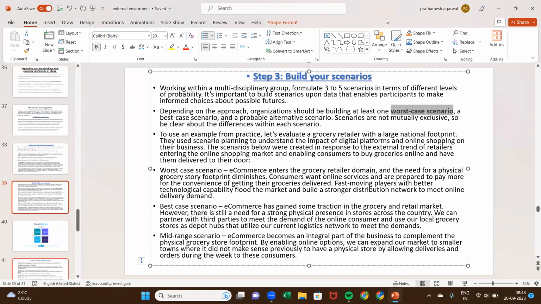The scenarios below were created in response to the external trend of retailers entering the online shopping market and enabling customers to buy groceries online and have them delivered to their door, right? So how much has online shopping affected the business in a positive way or in a negative way? Now let's see the worst case scenario.